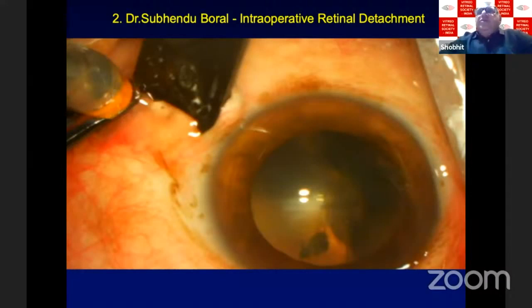What do you feel about that? Just put about 2.5 ml even of PFCL and complete the peel, and then have a relook into the situation when you see a track of fluid and a very boggy macula.